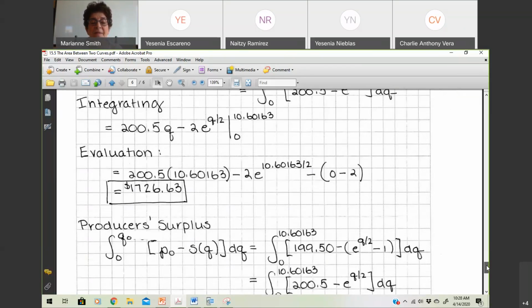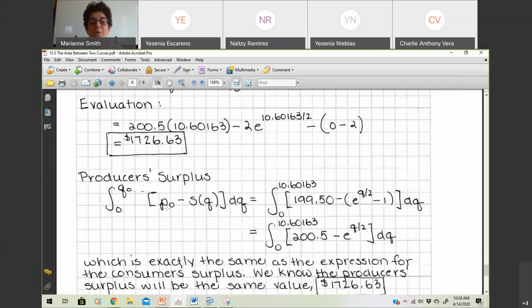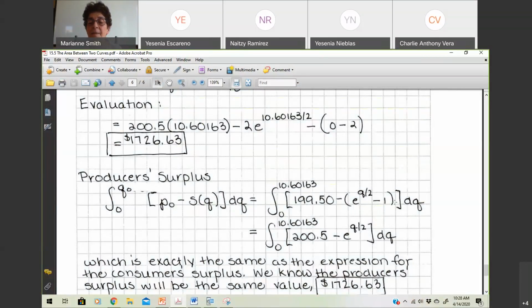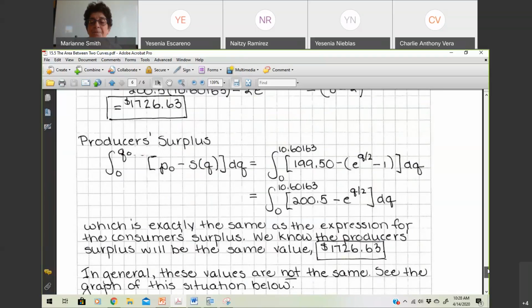Producer surplus is very similar, except you're switching the order of P0 and you're using the supply curve instead. But it is a similar process. The producer surplus is the same value in this case. That's not normally what happens.